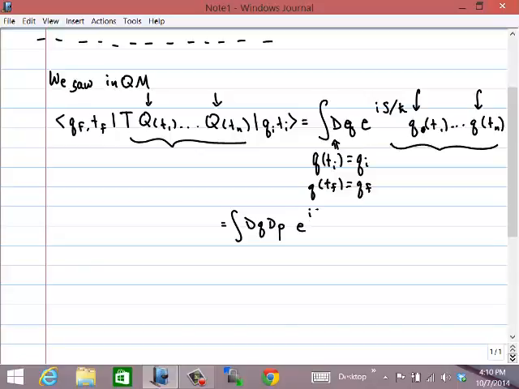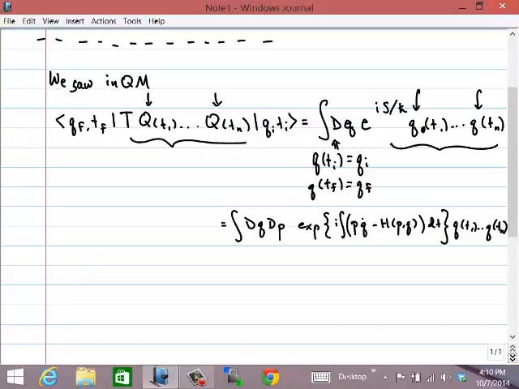So this is an integral dq dp of e to the action, which, in the Hamiltonian formulation, is i times the integral of p q dot minus the Hamiltonian. Here I'm using the fact that the Lagrangian is p q dot minus the Hamiltonian. And we have the insertions of q of t1 up to q of tn.